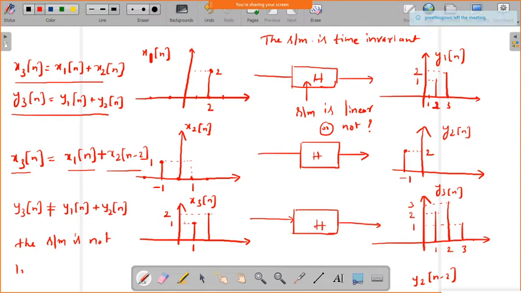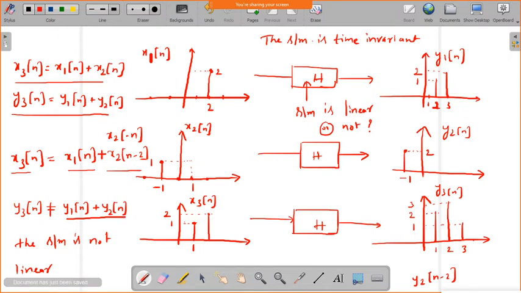Okay, so now you can express this in terms of x2 of minus n also. As one of you said, you can express minus x2 of minus n also. Now see whether the corresponding output we can express in terms of the reflected signal, or the addition of both y1 of n and y2 of n.